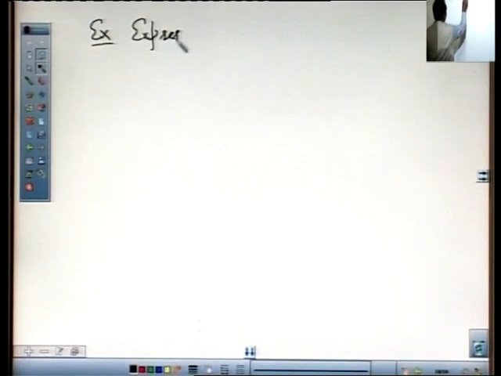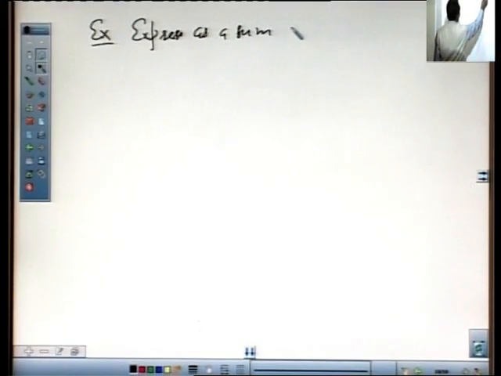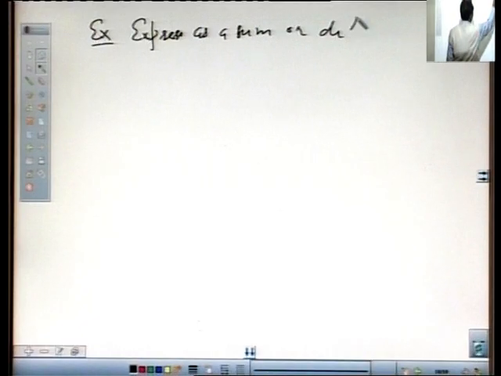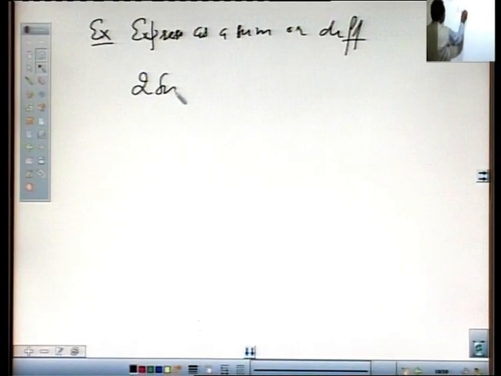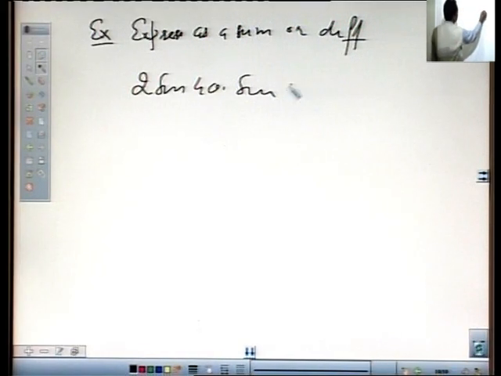And the question related to this formula is: express as a sum or a difference 2 sin 4 theta into sin theta.